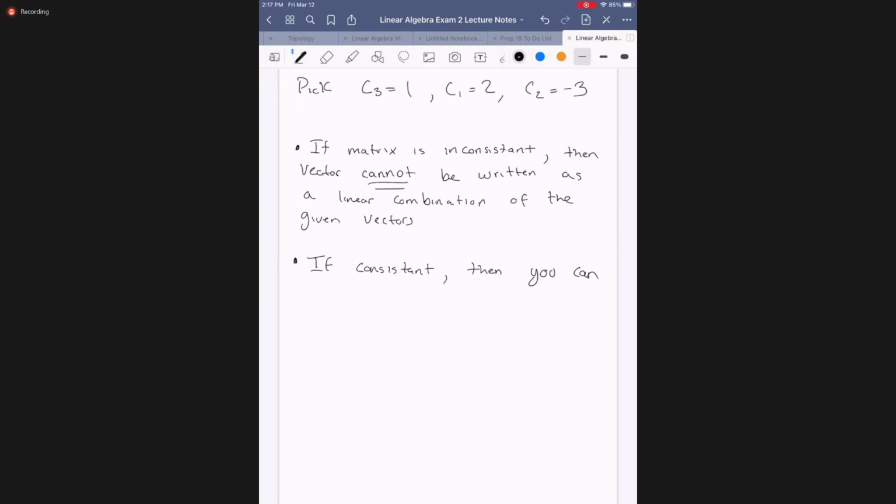Okay, so now that we understand what it means to be a linear combination in some sense, now let's talk about what it means to be a spanning set, okay? So the idea of spanning set is this. The span of a given set of vectors. So let's say I gave you vectors u1 through un, right?